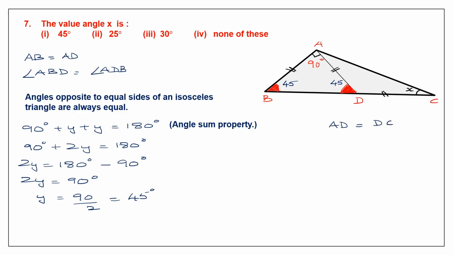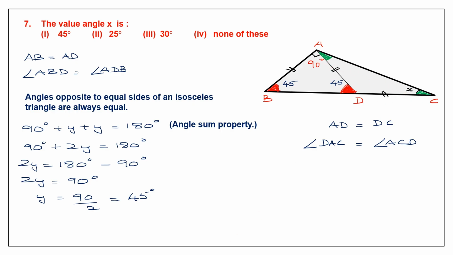That means the angles opposite to equal sides are also equal. We can say angle DAC is equal to angle ACD. DAC is this angle in green and ACD is this angle in green, so they are equal to each other.